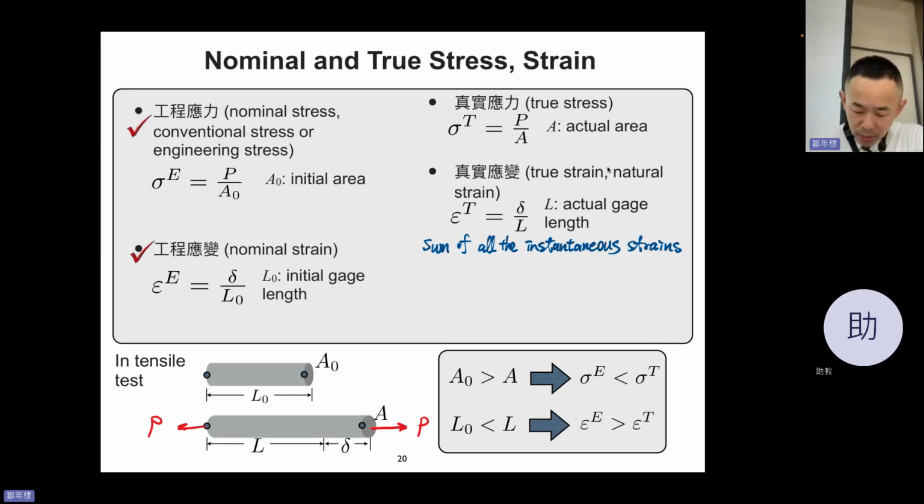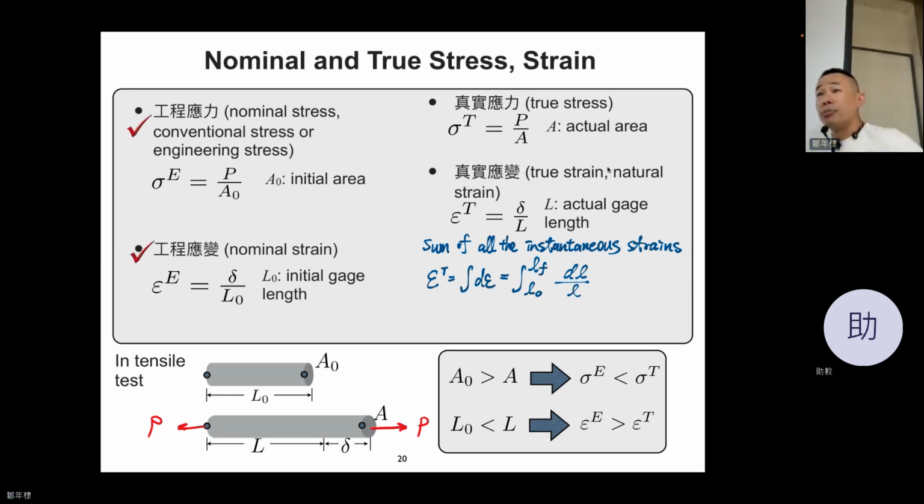So epsilon T is equal to the integration of each small strain. The integration will start from L-naught to L final, and this d epsilon will be the small change of the length over the current length.